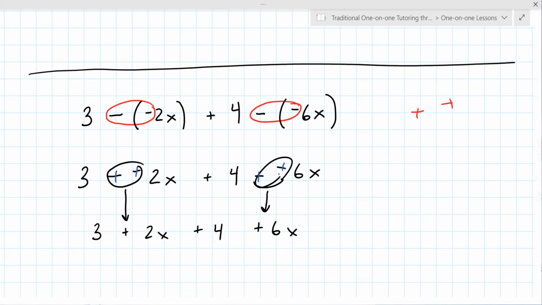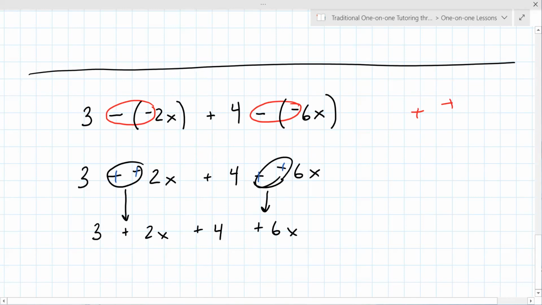So let me go back. All right, so this is a 3 minus, and then it's got the parentheses. So now both of those turn to positive. And then now you got 3 plus 2x. So instead of them being negative, it's implied that they're both going to be positive.